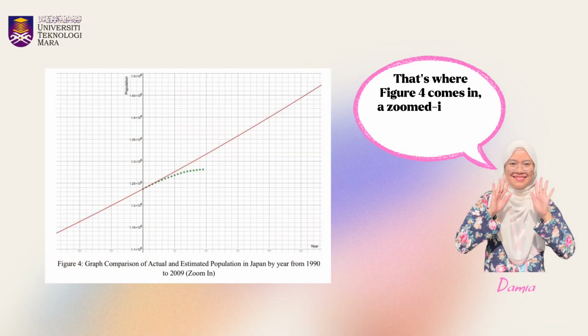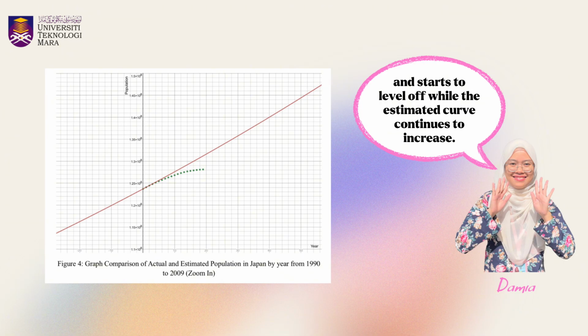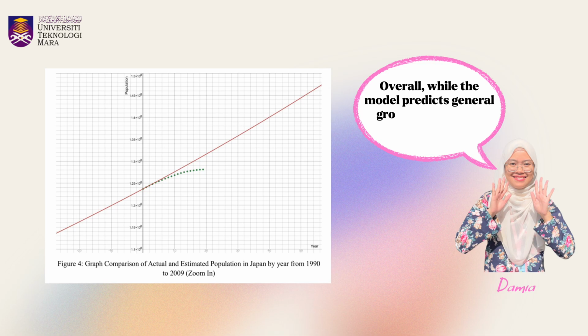A zoom-in graph focuses precisely on 1990 to 2009. The green dots represent actual recorded population figures, while the red line is the estimated curve. Here we can see that the actual population rises more slowly and starts to level off, while the estimated curve continues to increase.